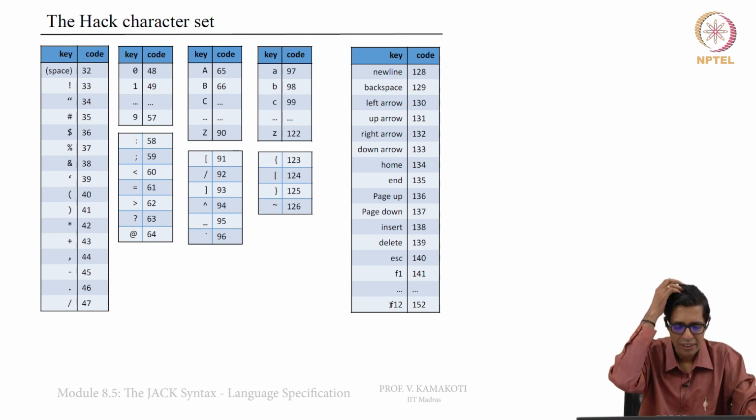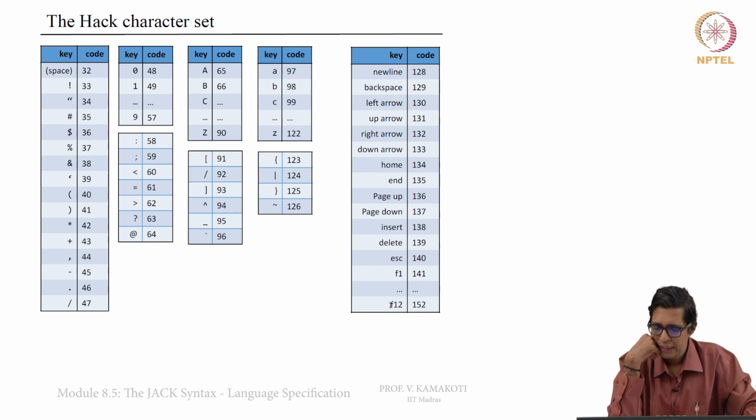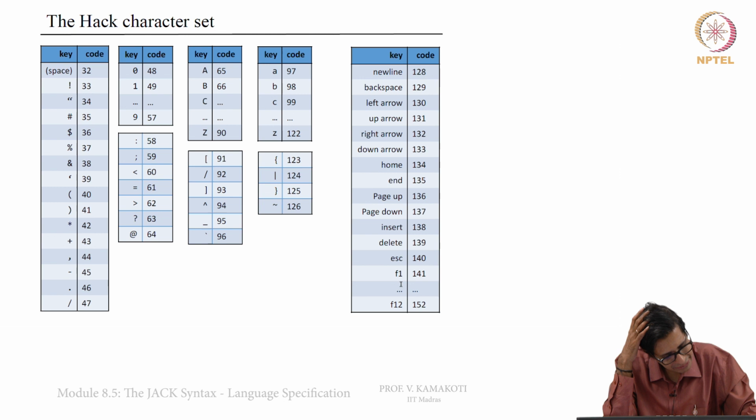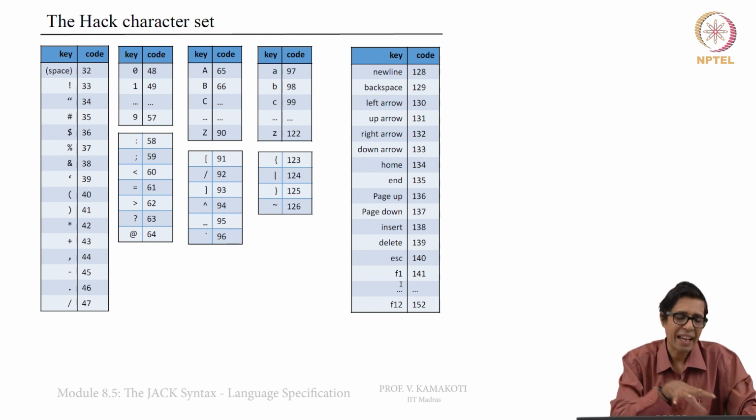These are all the characters that are recognized by the Hack computer. For a general system there is a character set, ASCII, American Standard Code for Information Interchange. For the Hack, this is the character set.